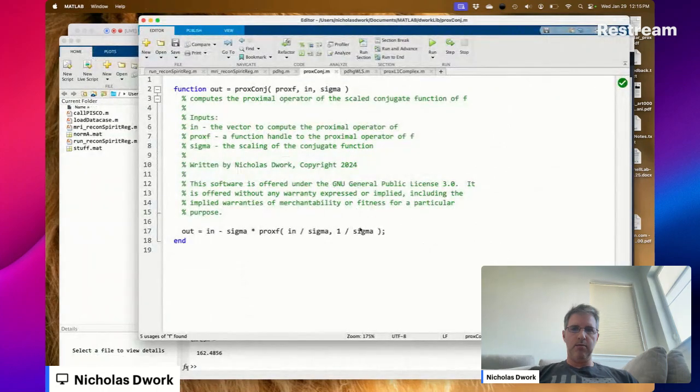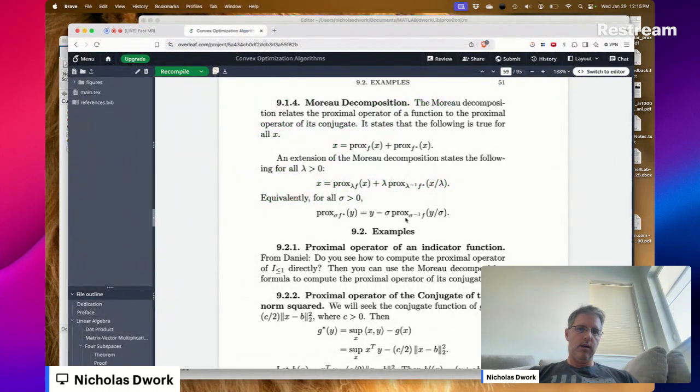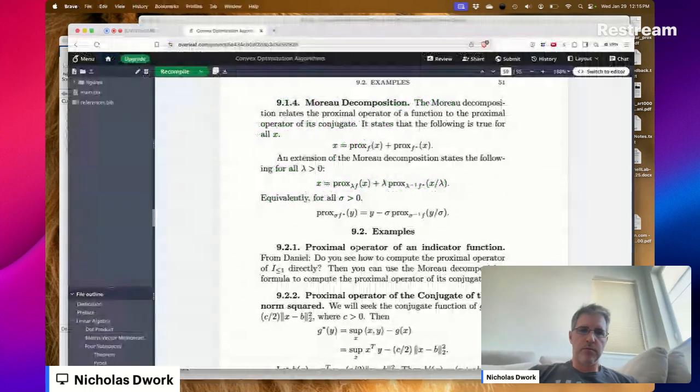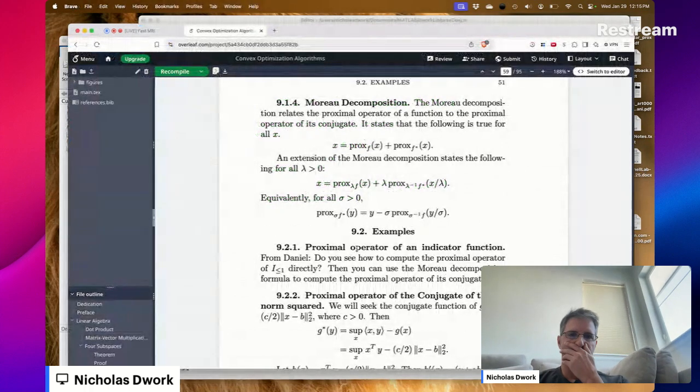N minus sigma times prox scaled by sigma inverse, n divided by sigma. So at least I replicated what's written here.